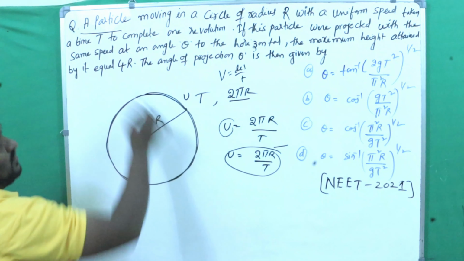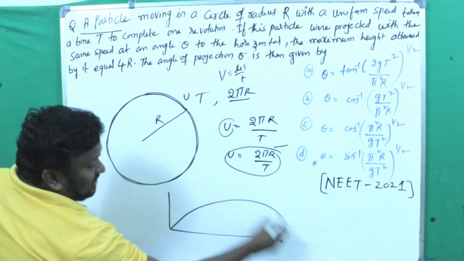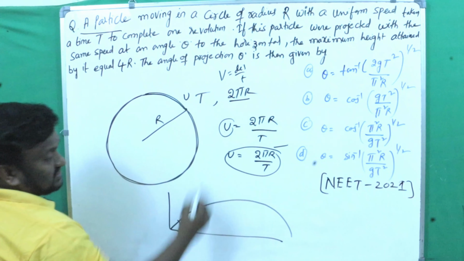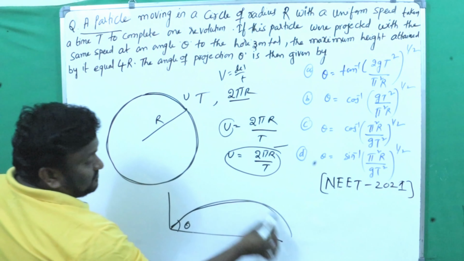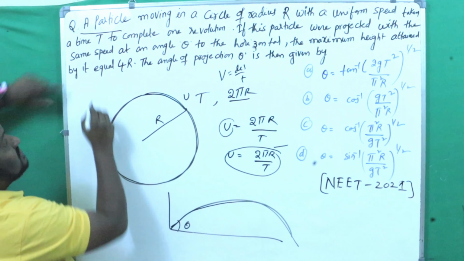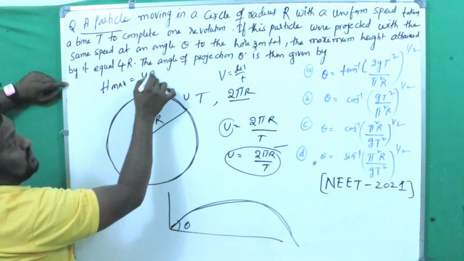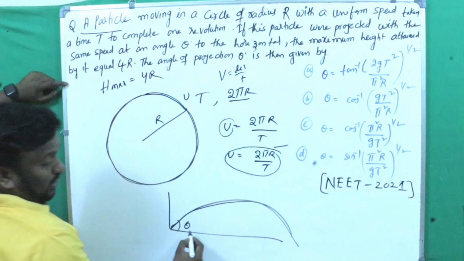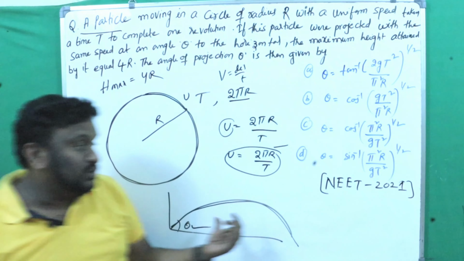With the same velocity, the projectile is projected with some angle theta, like this. Then the condition given is H maximum is equal to 4r. Then we have to find the angle of projection. That is the given question.